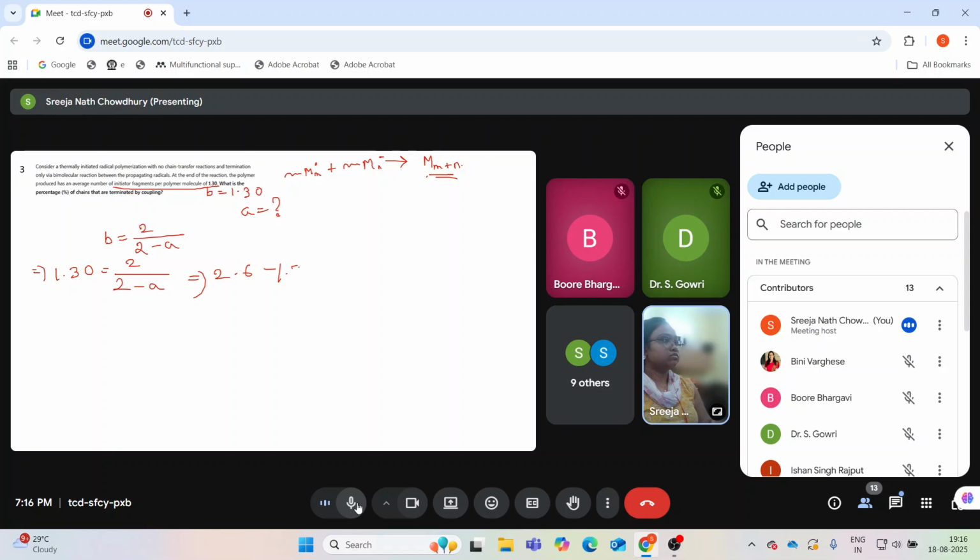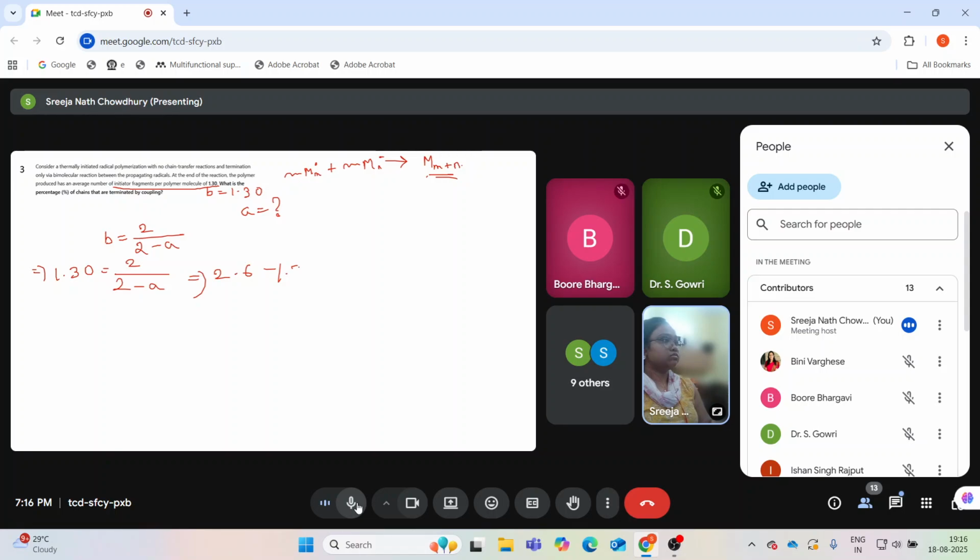We all know that B equals 2 by 2 minus A, and by putting 1.80 here and solving this, we'll get A equal to near about 89%. 88.5 is also a correct answer.